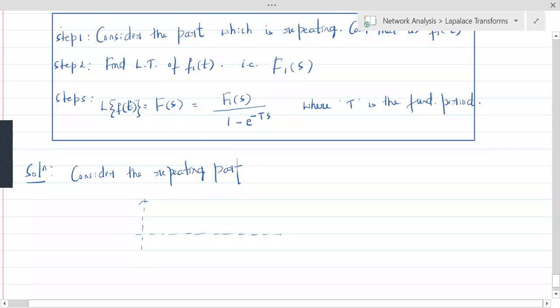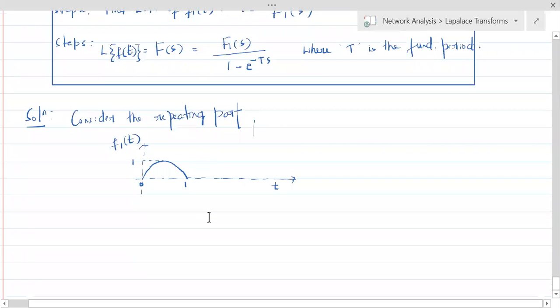That repeating part is this, from 0 to 1. Let's call it f1 of t because that is what is in this procedure. You should know the fundamental period; let's take that later on. You have to find the Laplace transform of this.